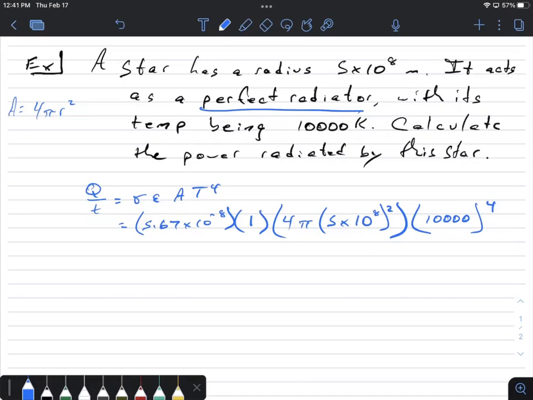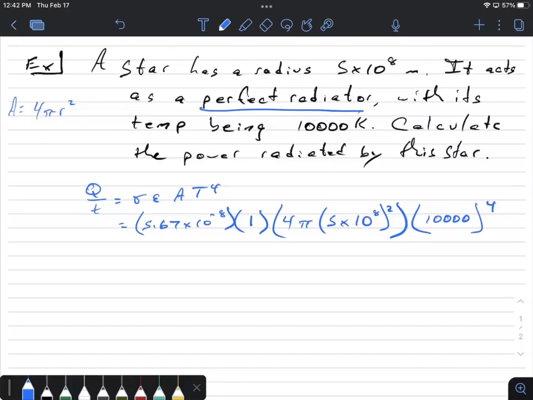When I look at this equation, remember, I don't plug everything into my calculator all at once because I usually make mistakes when I try to do that. Instead, I try to do one little calculation at a time. The most complicated part is the part with the radius squared. So I do 5 times 10 to the 8th, and I square that number.